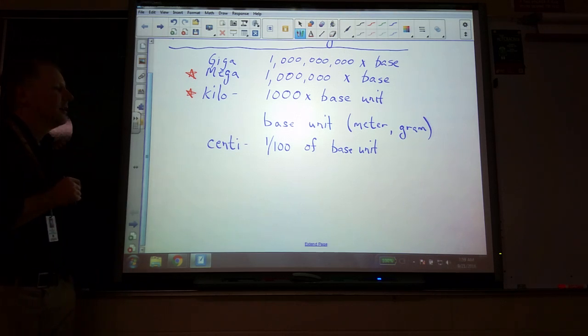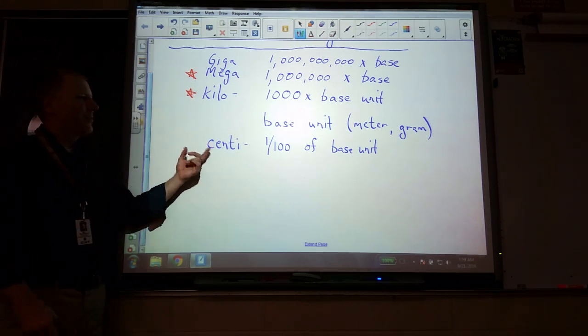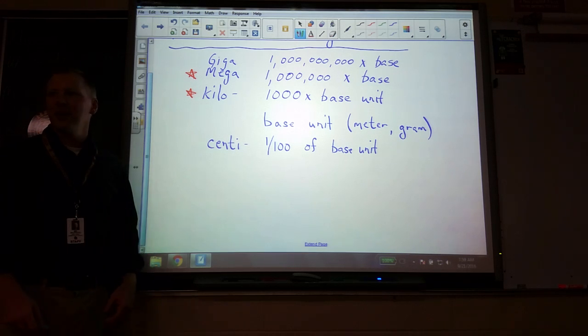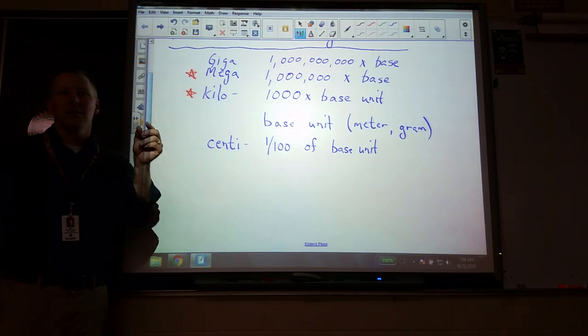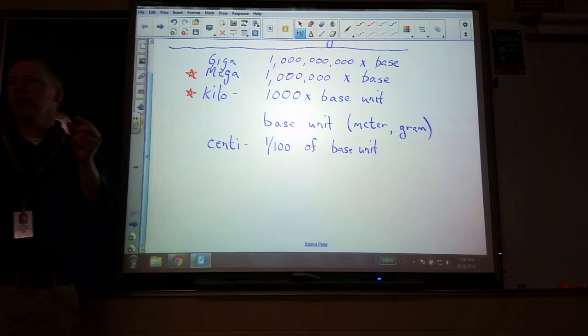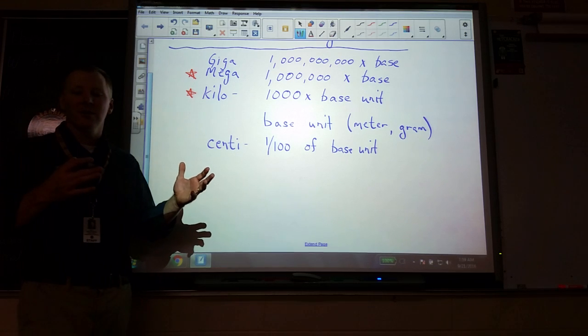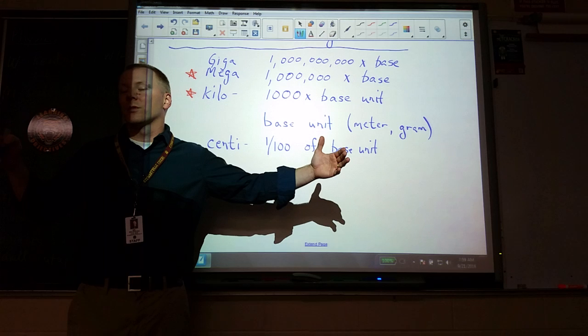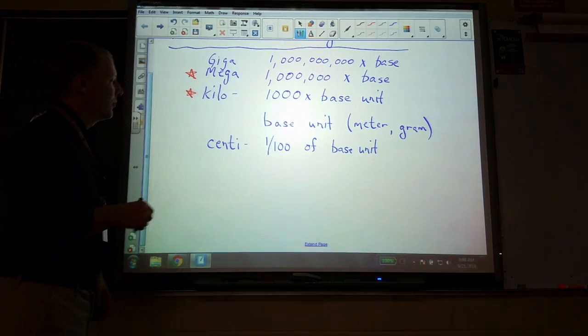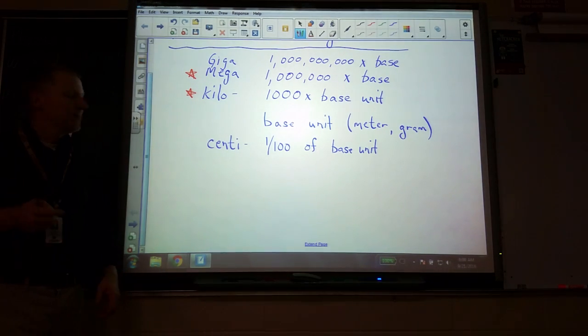In practice, we really only see this with centimeter, and that's because a centimeter this far is such a convenient measurement for a lot of what we hold in our hands and that sort of thing. We use meter because that's a convenient measurement for things like rooms and whatnot. We don't usually use centigram because it's so tiny.